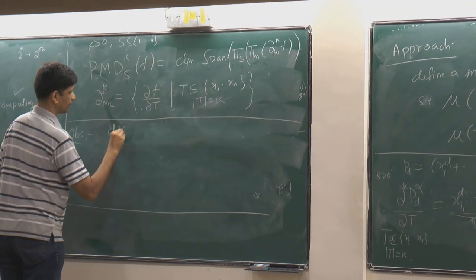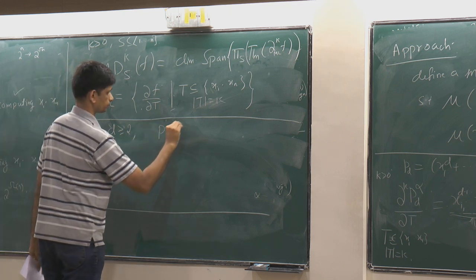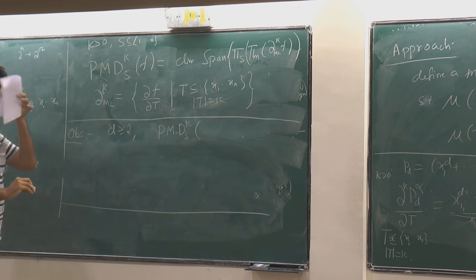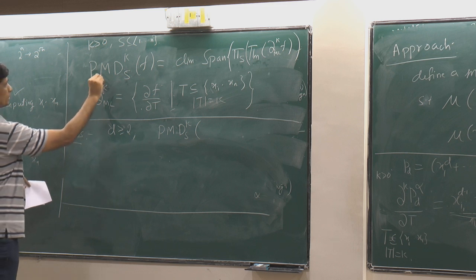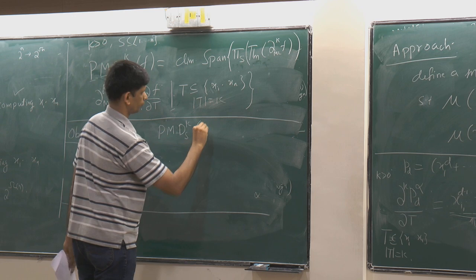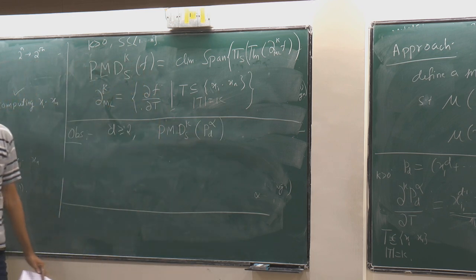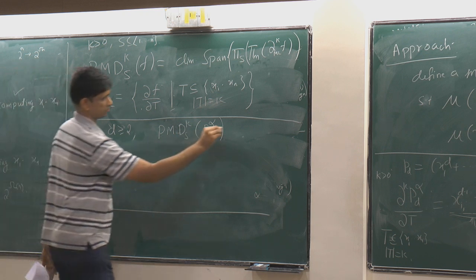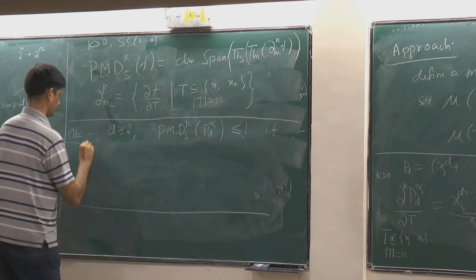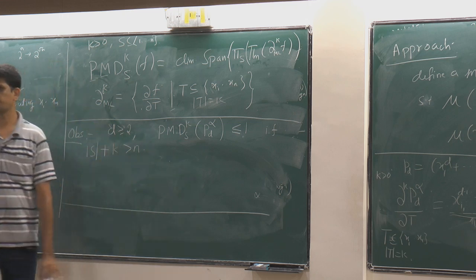If I have degree at least 2, then the dimension of the projected multilinear derivative of any power of the power symmetric polynomial will be 1 or at most 1 if the cardinality of S plus k is greater than n. Okay.